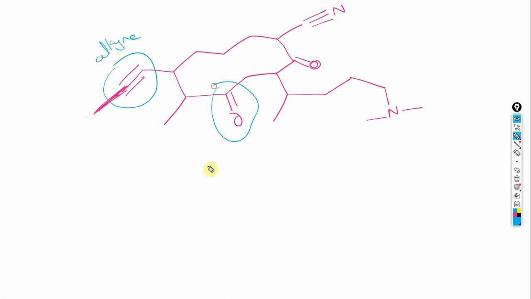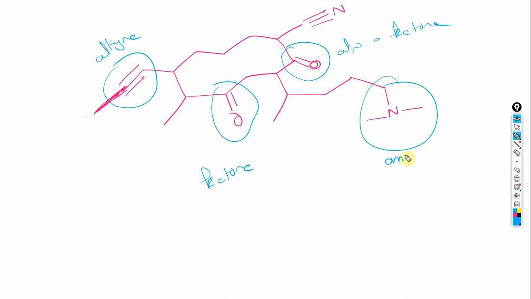This is going to be a ketone. This is also a ketone, not an aldehyde. And this is an amine. And this is going to be a nitrile, or a cyanide, N-I-T-R-I-L-E, nitrile or a cyanide. And that's all the functional groups you have in this molecule.